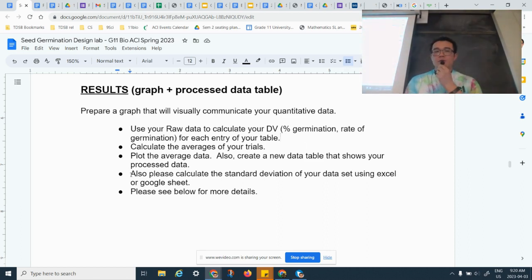And afterwards, you will do something called, you calculate the standard deviation. Now, put up your hand if any of you have heard of something called standard deviation before today. What does that mean?